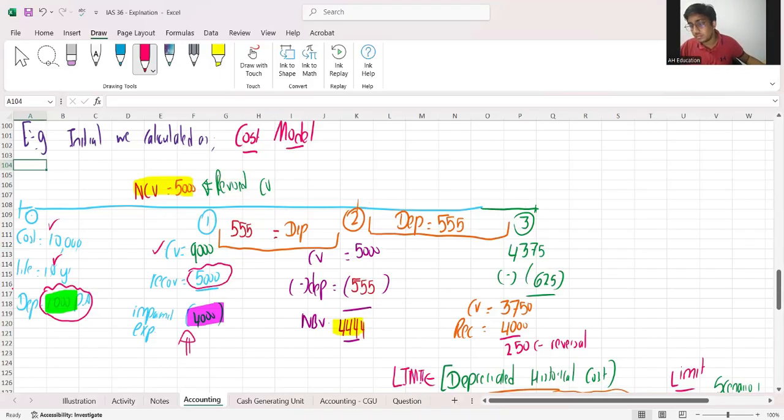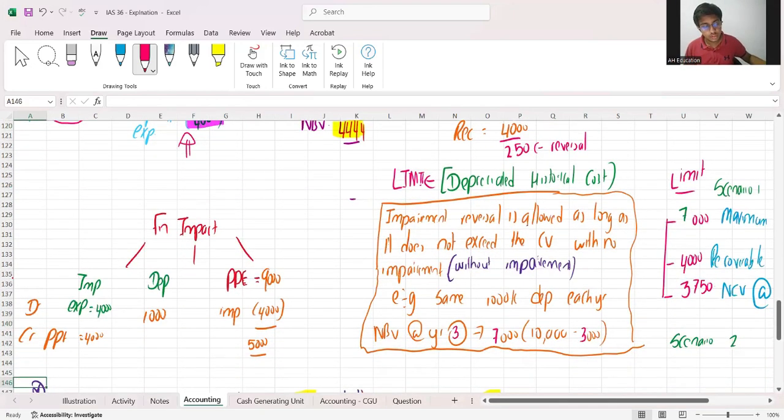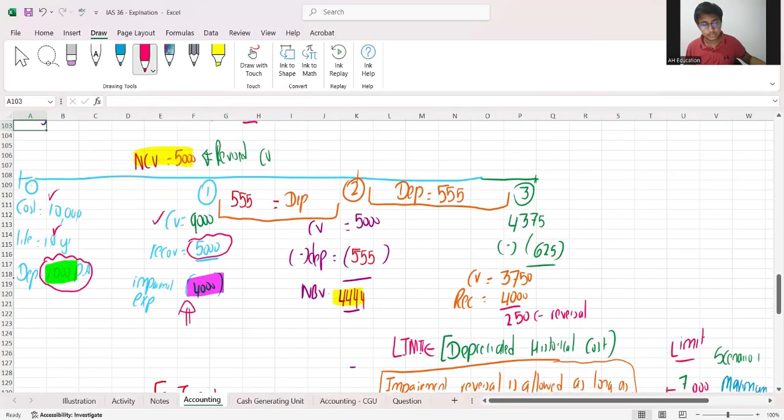In this particular question, it is 4,000. The reason is simple. The maximum we can sell the asset to a third party is only 5,000, but our accountants have presented it as $9,000. So there is an impairment. The double entry was: debit impairment expense and credit property, plant and equipment. Simple as that.